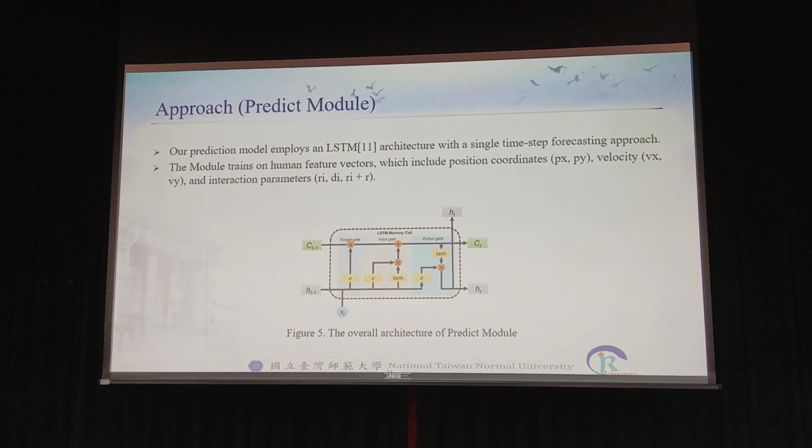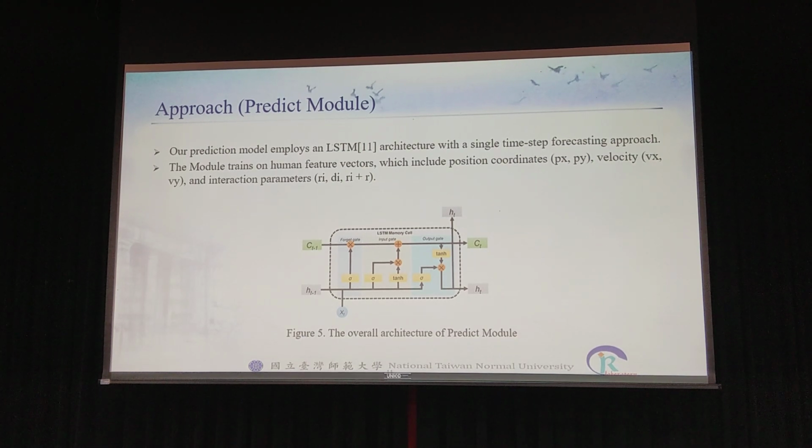The prediction model ensures a high success rate in navigation and reduces the likelihood of collisions in complex environments. We have developed a prediction model. This model is designed to precisely predict the dynamic interaction between humans and between humans and the robot.